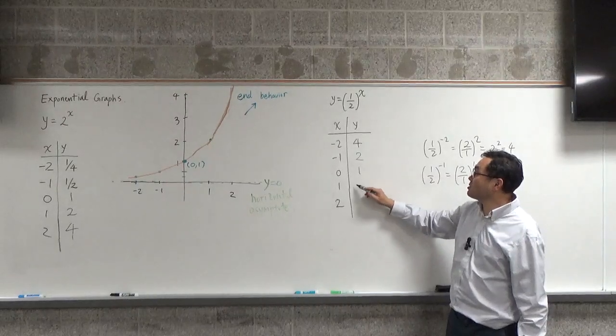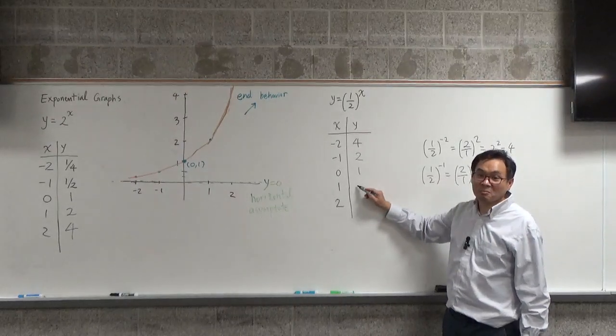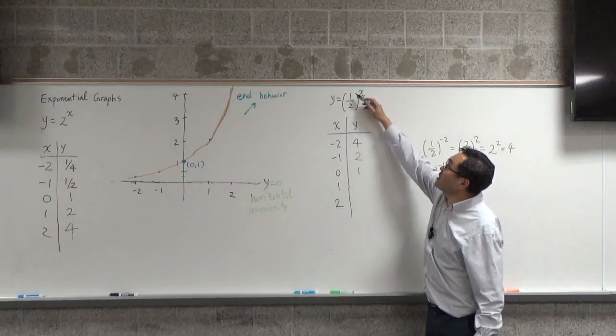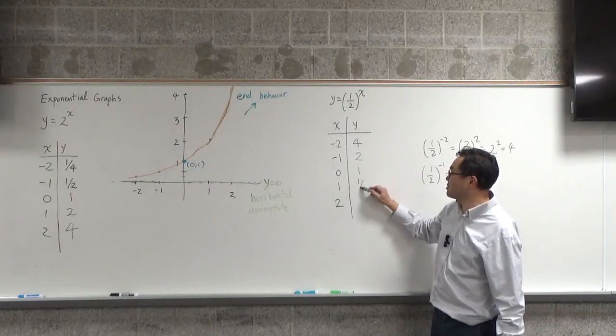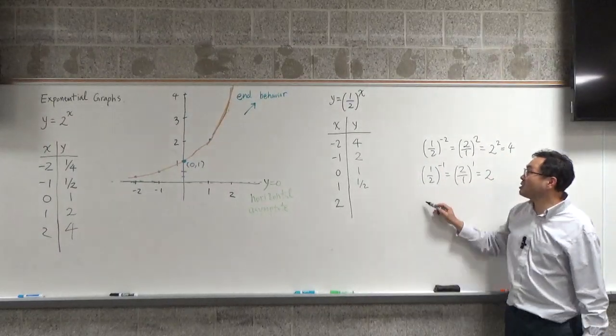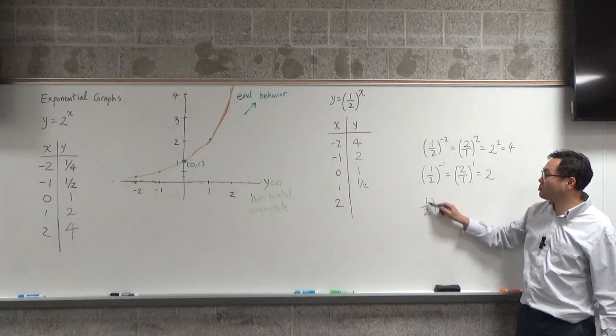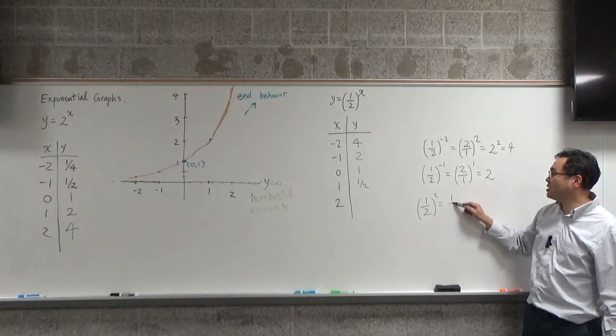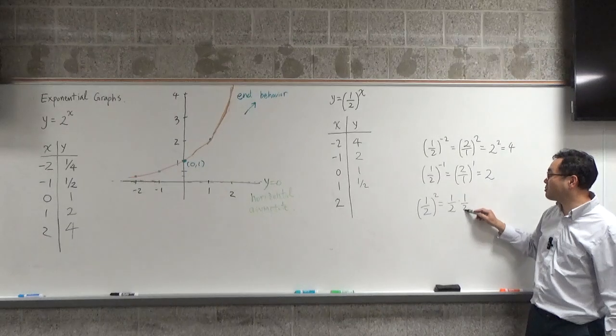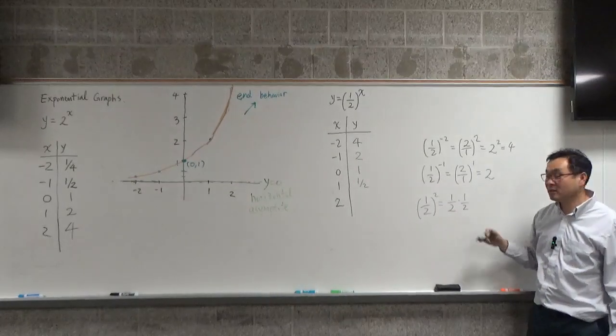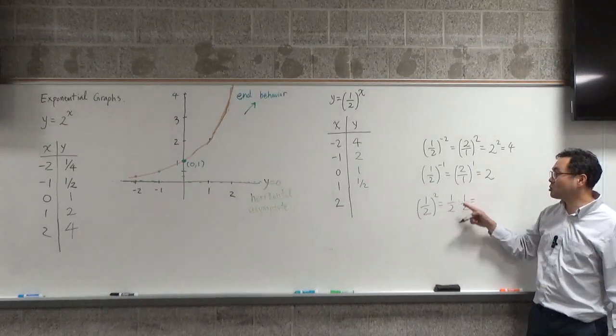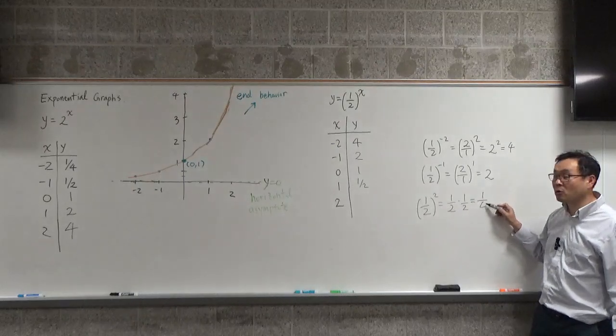What's anything to the first power? It's itself, right? So (1/2) to the first power will be just itself. And then finally, when x is 2, (1/2) squared would mean that you have 1/2 times 1/2, because square means you multiply it by itself. And that's going to be 1 times 1 over 2 times 2, so it's going to be 1/4.